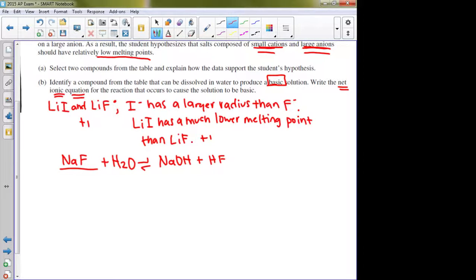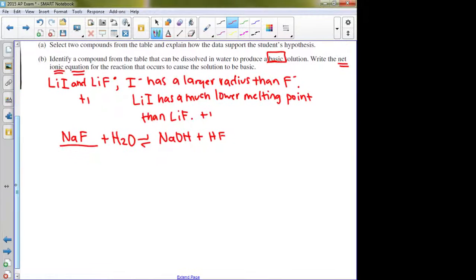So what do I have to do? Decide who's going to dissociate and who's not, right? Anything bonded to sodium is what? Soluble. And pretty much almost all of your ionic bonds are soluble. So this is going to go to Na positive plus F negative plus H2O.